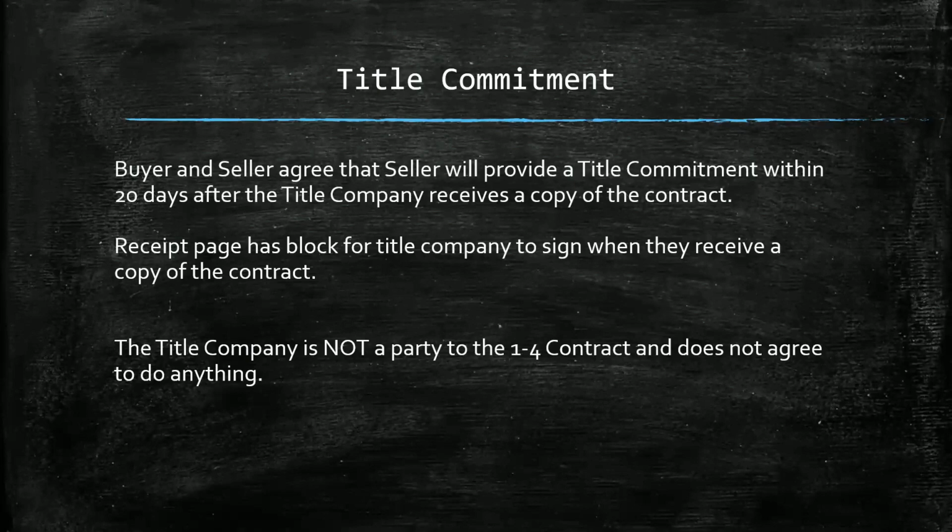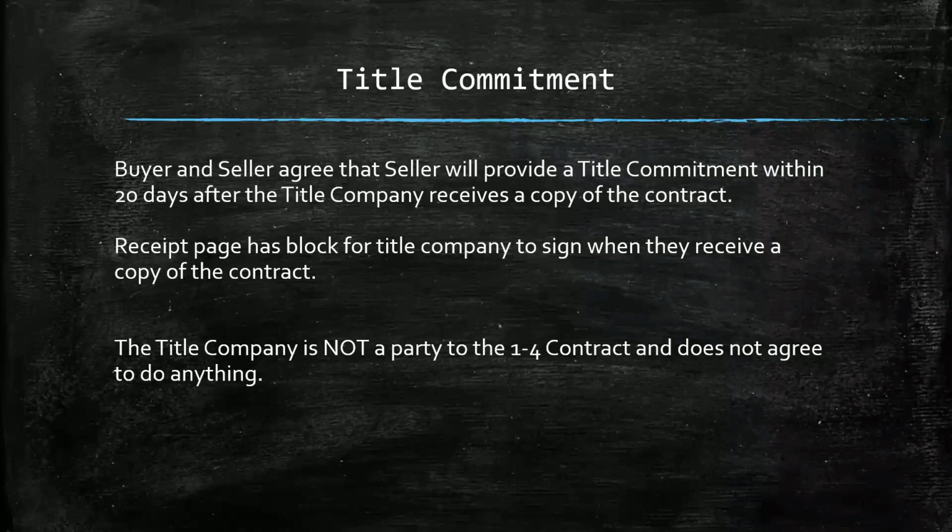That's the reason why we have the title company sign a receipt saying, I have received the contract as of this day. And once again, remember, the title company is not a party to the 1-to-4 contract, and they do not agree to do or not to do anything under the 1-to-4 contract.